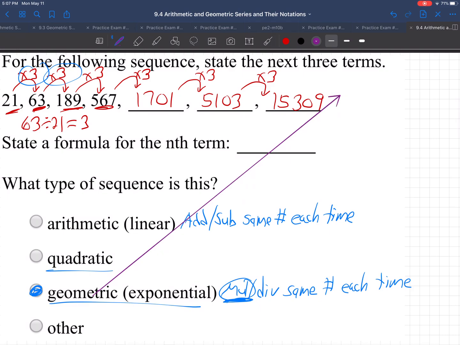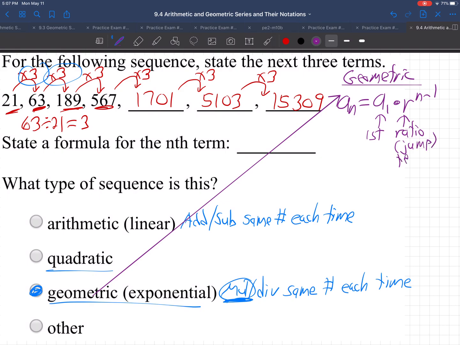Okay, so the geometric formula is A sub n equals A1 times R to the n minus 1, where A1 is the first term, R is the ratio or the jump from term to term.